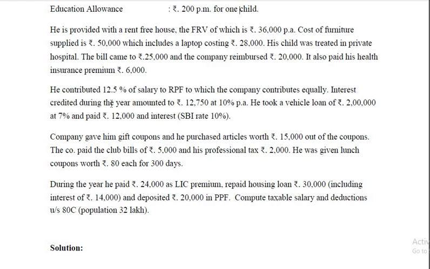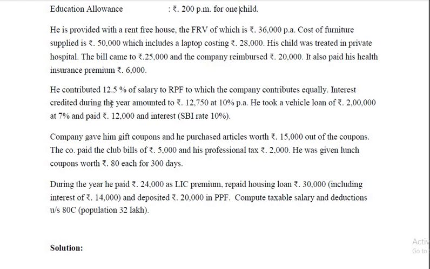Similarly, interest credited during the year amounted to rupees 12,750 at 10% per annum. So interest credited to recognized Provident Fund up to 9.5% is exempt. Here it is 10%. So 0.5% is taxable. 10% minus 9.5%, so 0.5% is taxable.